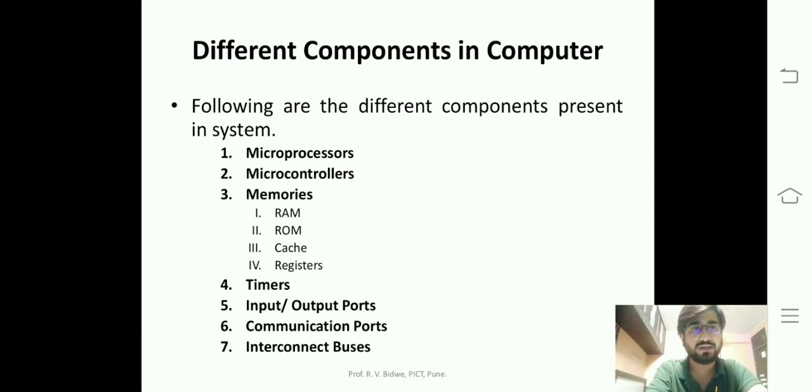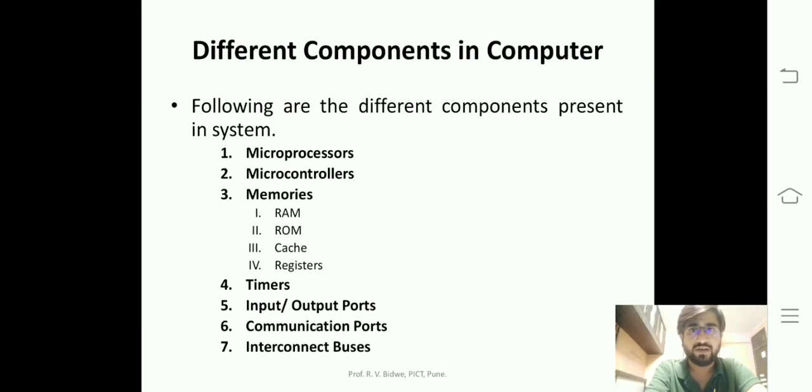For example, if I want to open this PPT, and let's assume I am using Google Slides, the executable file of Google Slides will be stored in ROM. Whenever I want to open the PPT, that executable file of Google Slides will be transferred to RAM, and in that application the PPT will be opened.